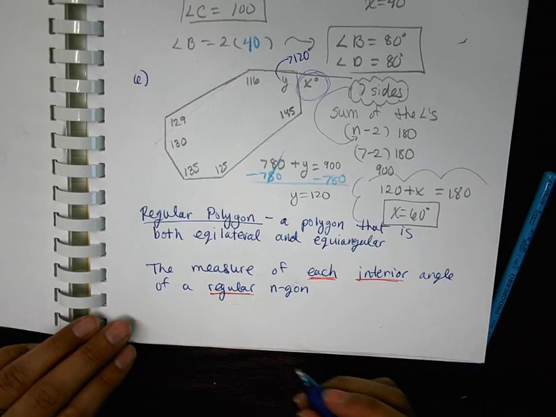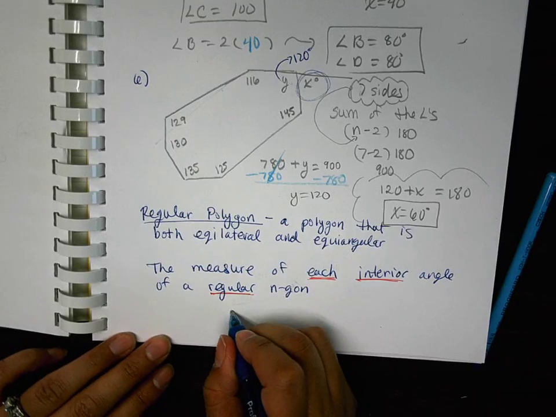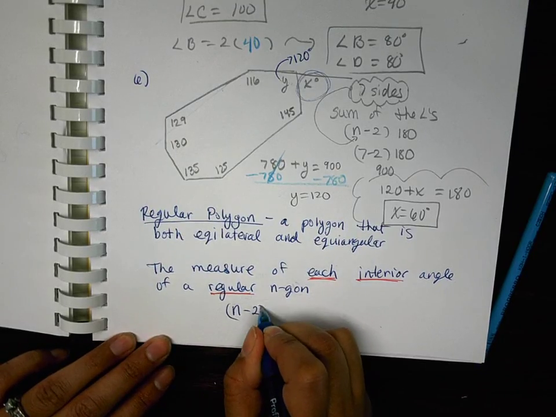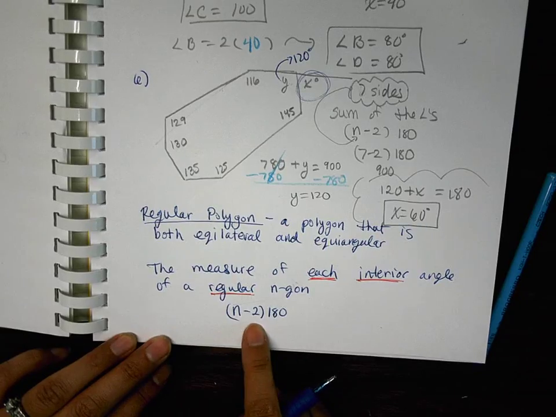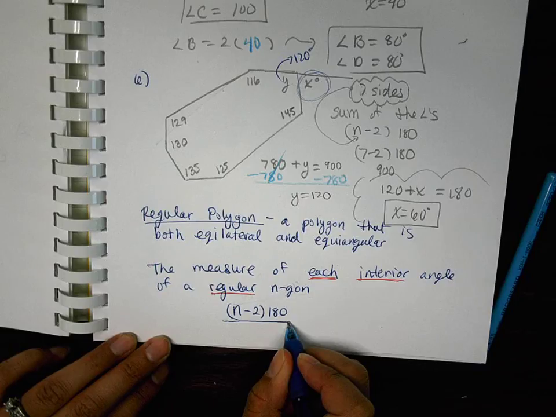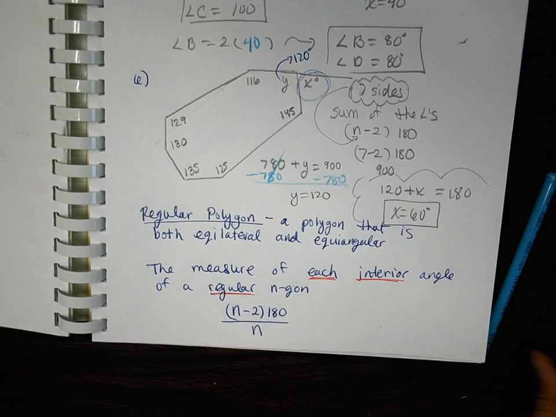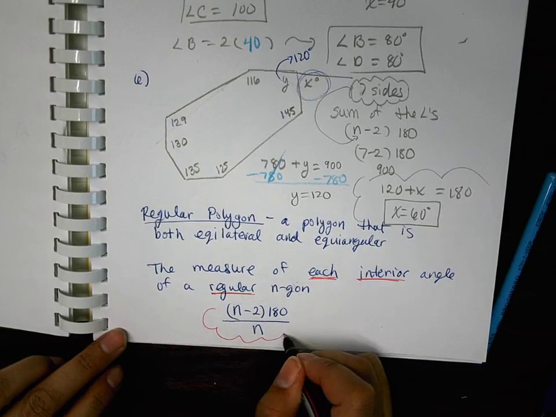Okay, so what did we do earlier? With the triangle, we did 180 divided by what? 3. Why 180? Because that was the sum. And why 3? Because there were 3 sides. So the formula is n minus 2 times 180, because that's how you find the sum, and then you divide by the number of sides. So 3 if it's a triangle. So this is the formula you will need here.